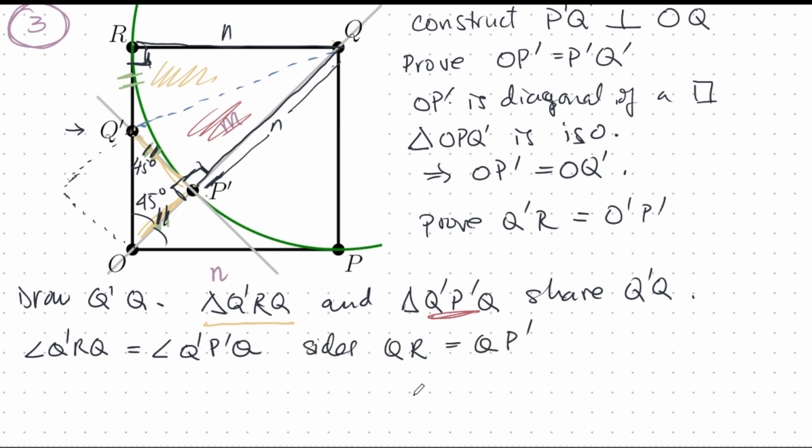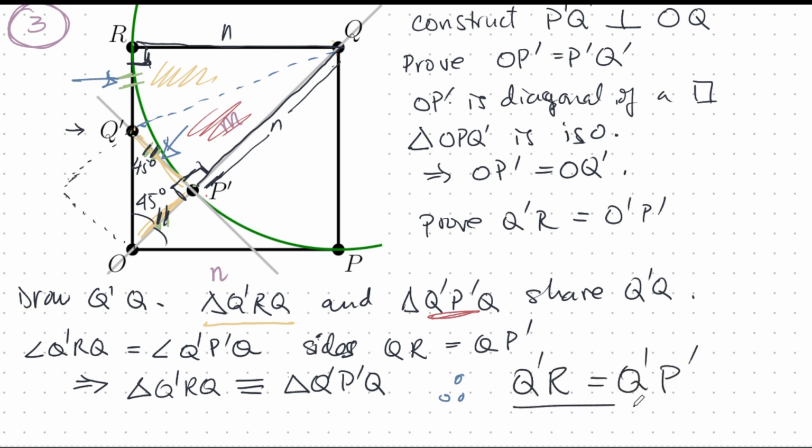So with all of this information together, with these angles and sides being the same, the two triangles are congruent. There we go. And so we are justified in saying that this segment here is exactly the same as this segment here. So therefore, Q prime R is Q prime P prime.